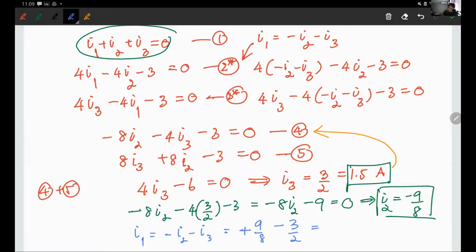Something like that. So it's going to be negative 3/2. That's done.